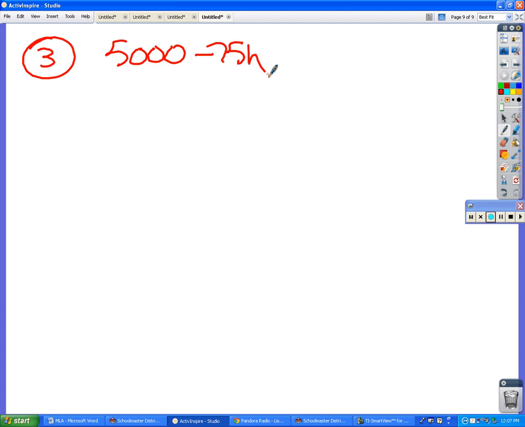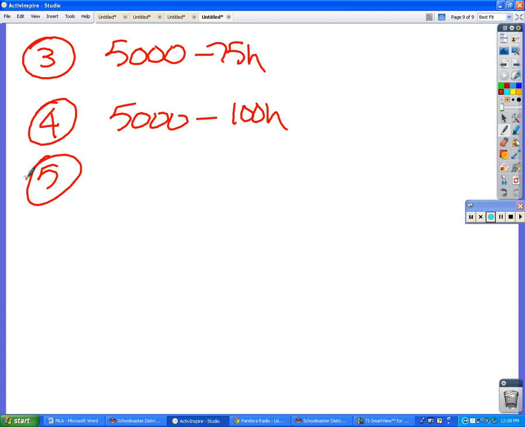Okay, number 4, if the cost to film increases to $100 an hour, how will this increase affect the function above? Then it will be 5,000 minus 100H. Number 5, how will that affect the graph? It'll increase what?